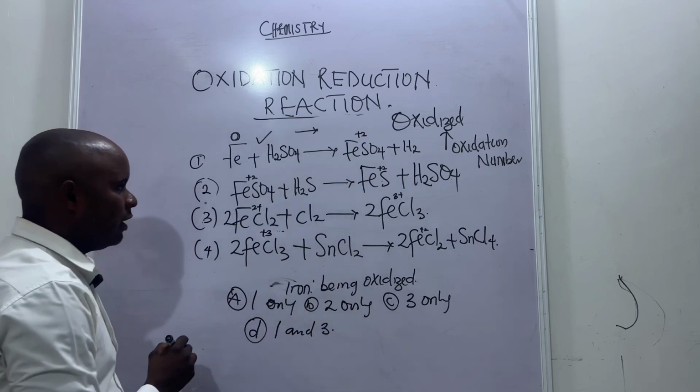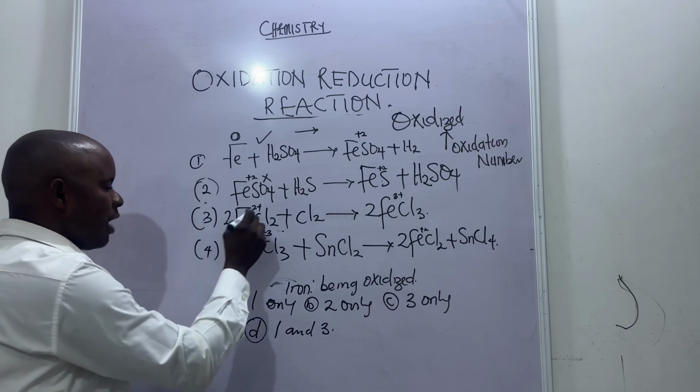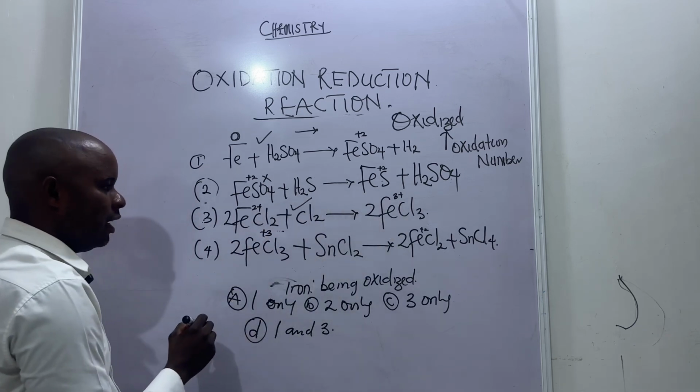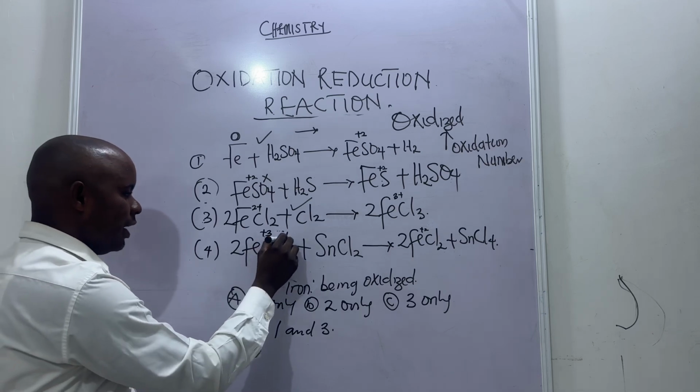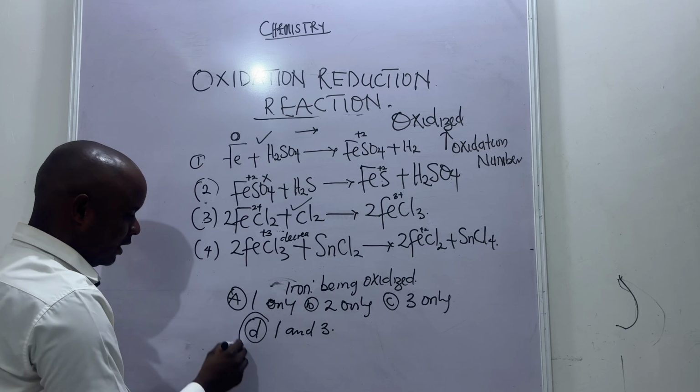There's an increase here. Here, there's no increase. Here, iron moved from plus 2 to plus 3. There's an increase here. Here, there's a decrease. So by so doing, option D is the answer.